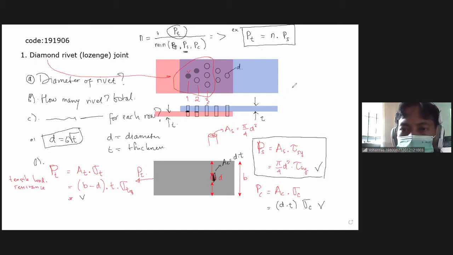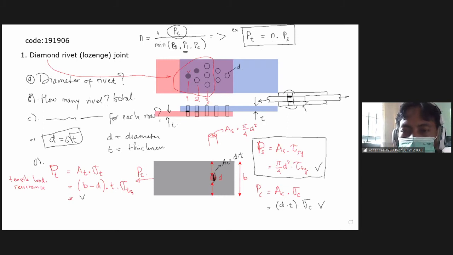But if we use a double butt strap butt joint like this, if we have this kind of geometry, and here we put the rivet, then here we theoretically have two shear areas, here and here.